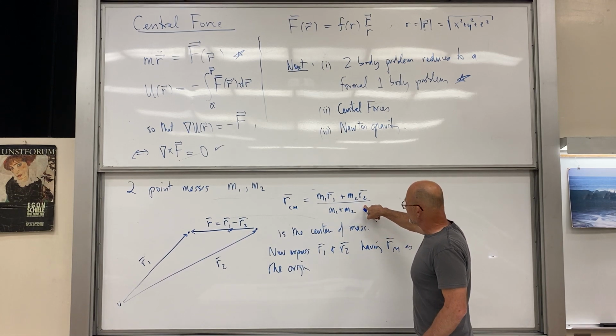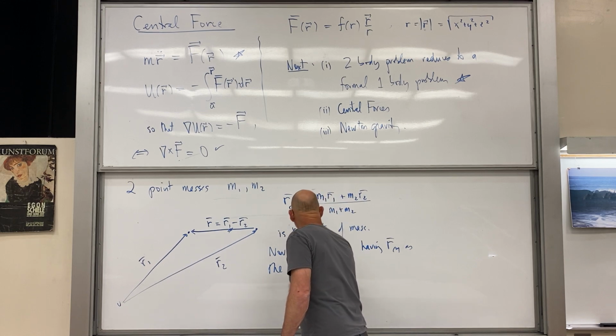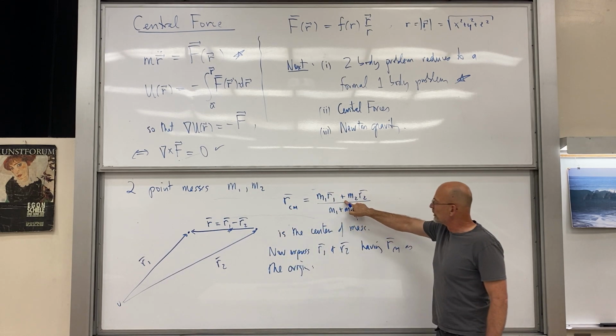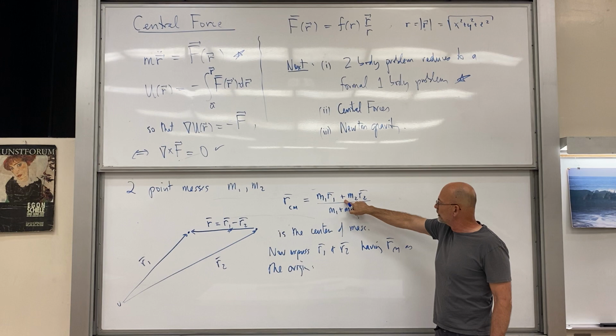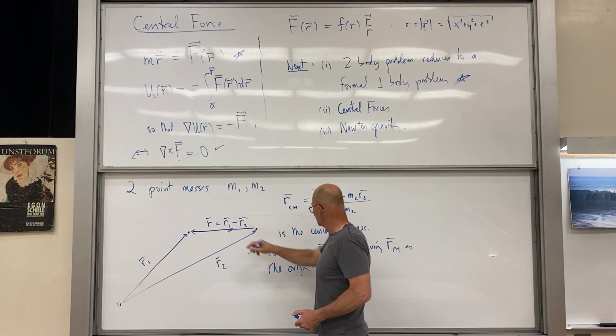So what we have there, if that's supposed to be the origin, this numerator is going to vanish. Okay? So the numerator here vanishes. That tells us, that takes the center of mass being 0, being the origin.